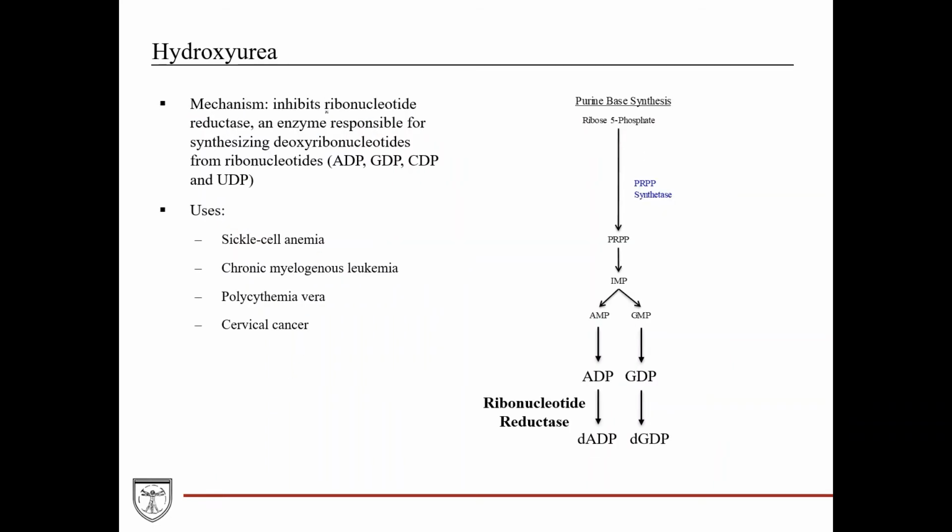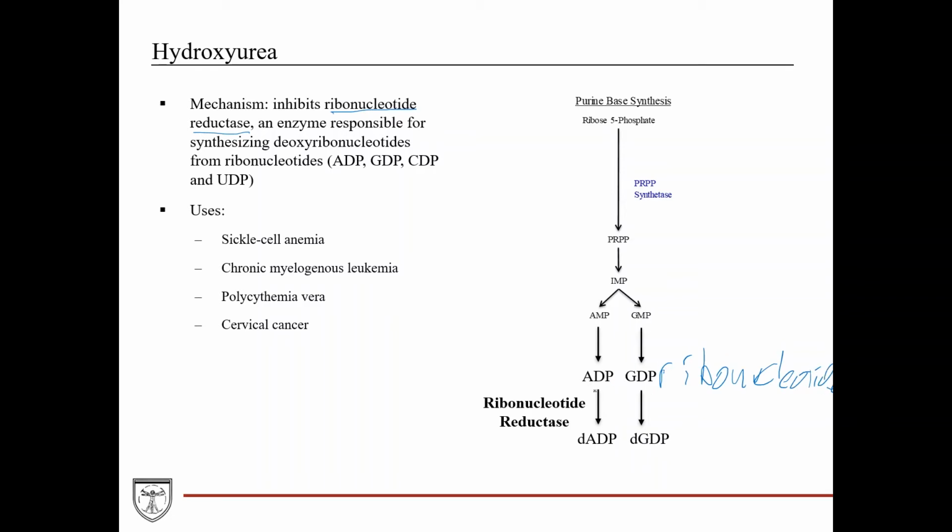And then hydroxyurea, so this is a drug that inhibits an enzyme called ribonucleotide reductase. So let's go down here. We extended the figure down. So you have AMP and GMP that are then converted into ADP and GDP, respectively. And these are ribonucleotides.